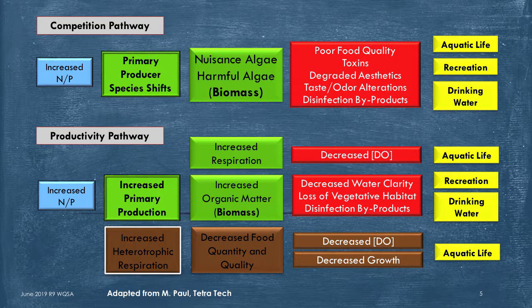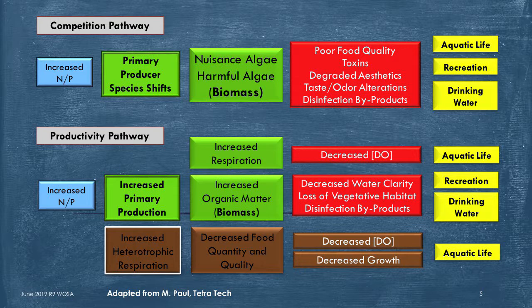Harmful algal blooms do a lot better under these conditions. The things that eat the phytoplankton don't want to eat those because they're not that tasty. They produce toxins, there's scums, there's odors, also disinfection byproducts, and it affects these aquatic life uses.